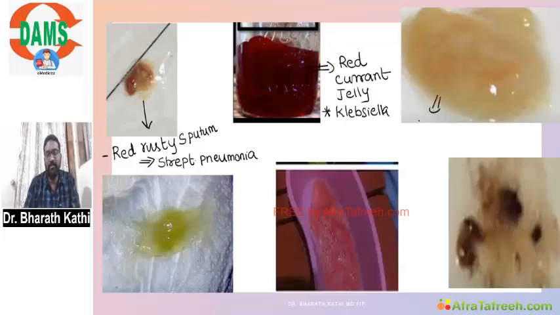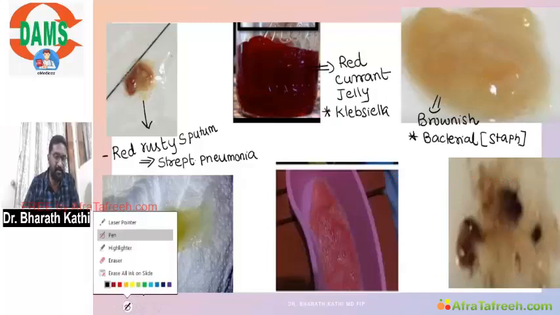So what generally causes a yellowish brown sputum? Yellow to brownish sputum can be seen in usual bacterial pneumonias, especially staph pneumonias. Yes, Pragati, Klebsiella will cause red currant jelly sputum.